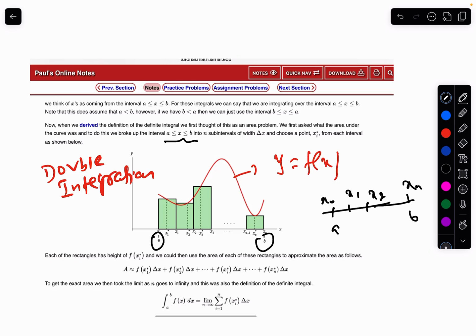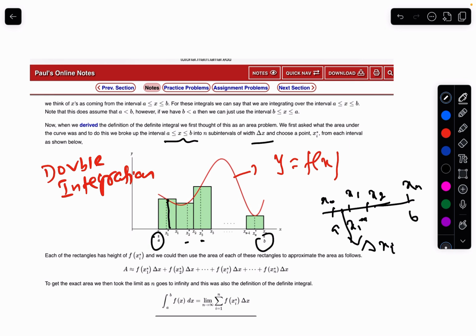And we take one point here, say x1 star, same way x2 star, x3 star, and so on. This is the height. Height is nothing but f(xi star). And this width we call, say, delta xi.